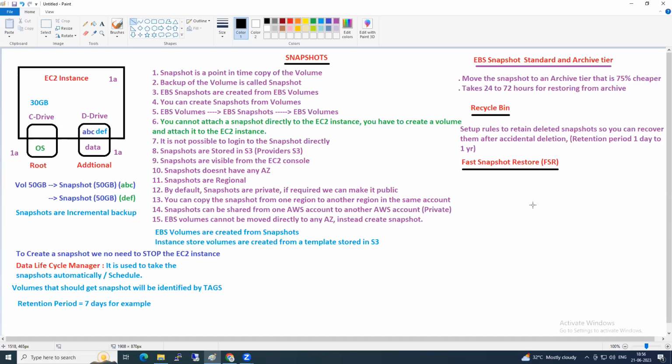From that snapshot, we need to create a volume. Yes or no? From the snapshot, I need to create a volume. So how much time will it take? Because that is a 100 GB snapshot. To create a volume, it will take some time. And after creating also, it will take a little bit of time to initialize it, to get it ready.